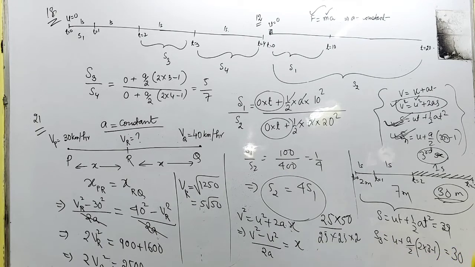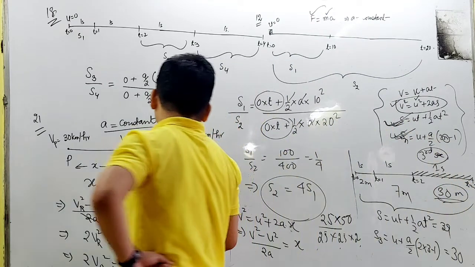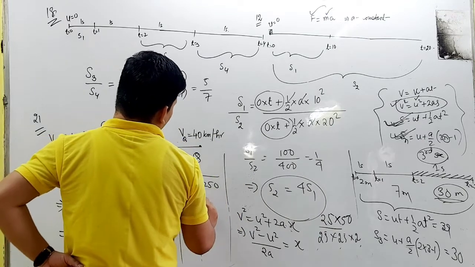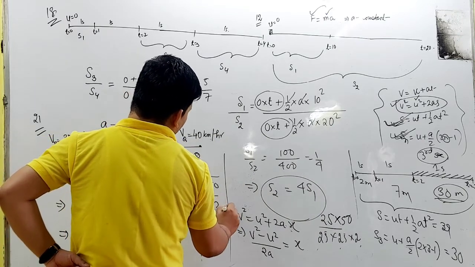Can we put it like this? We will be having 25 square into 2. So 25 is taken common out, and this is 25 root over 2. And this will be our answer.